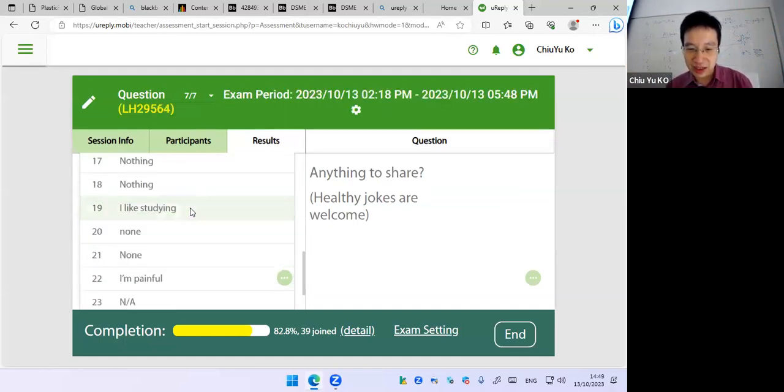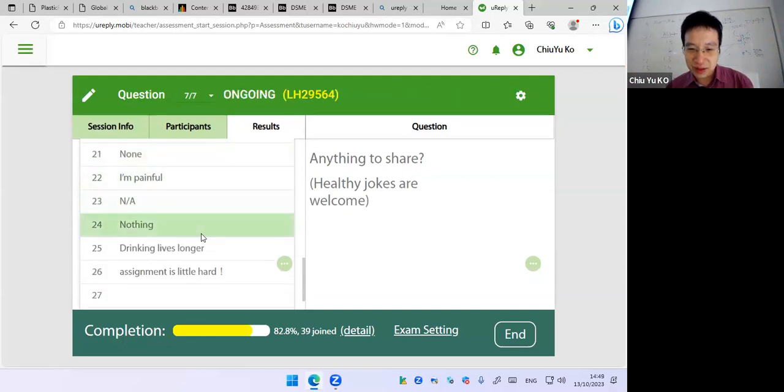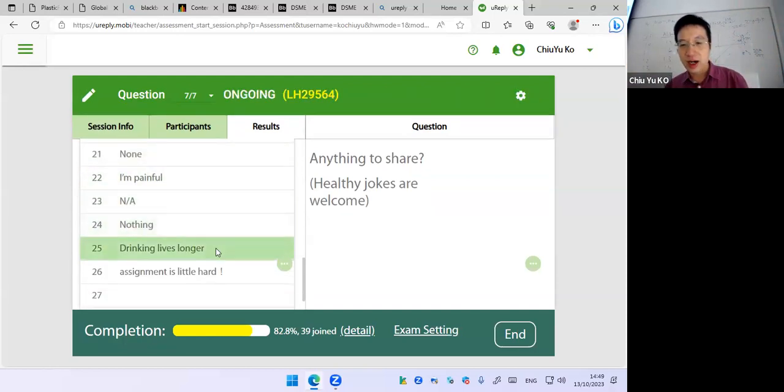Drinking lives longer, that's true. There's a study looking at data from a Scandinavian country, Denmark. They figured out that moderate drinking actually has a positive effect overall, because of the mental effect and the physical effect, and the mental effect can be better than that, right?